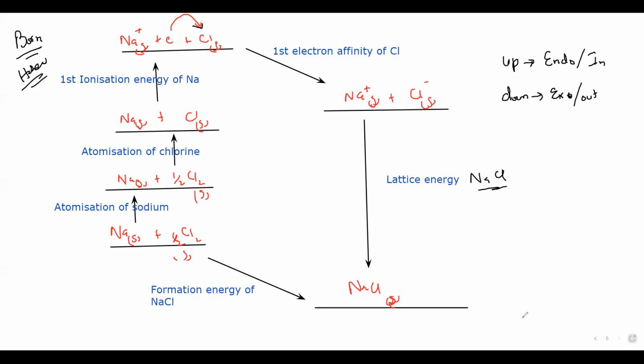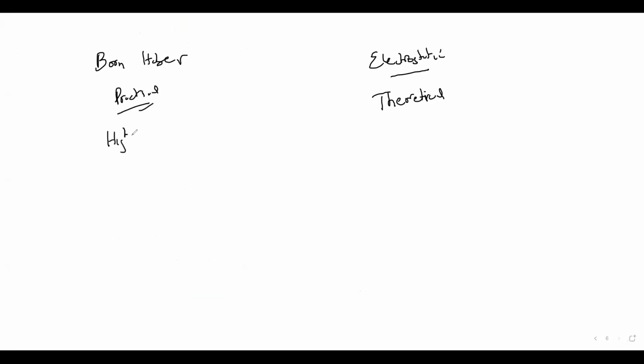And when we compare the lattice energy using a Born-Haber cycle and using the electrostatic method, this is called theoretical, and this is called practical. So practical values are always higher than theoretical values.